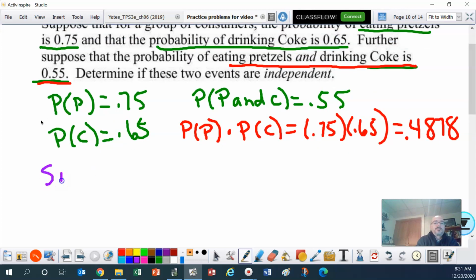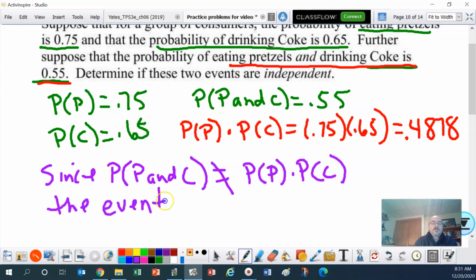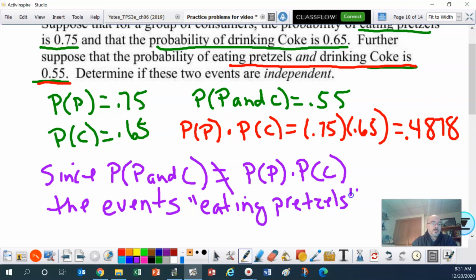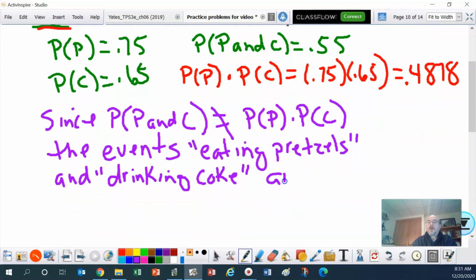Since the probability of pretzels and Coke does not equal the probability of pretzels times the probability of Coke, the events eating pretzels and drinking Coke are not independent.